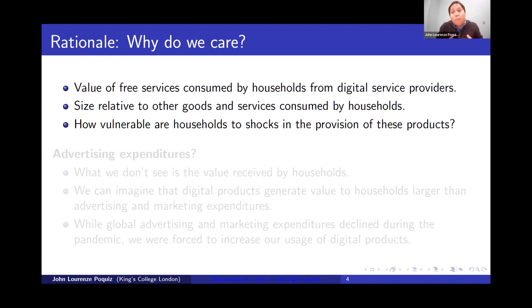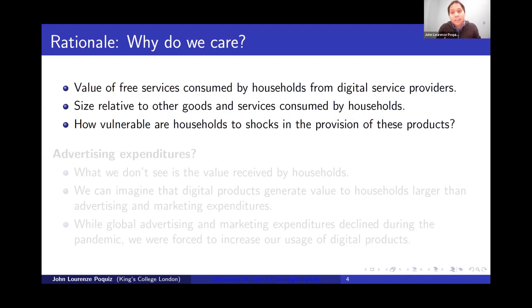So why do we care? Primarily because we want to see how much households value these free digital goods and services, and perhaps we want to see the relative size of these goods and services compared to other things that we consume.